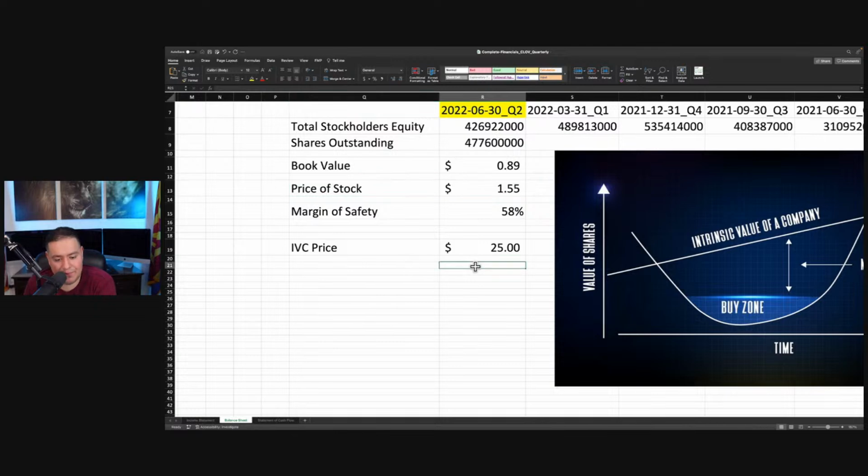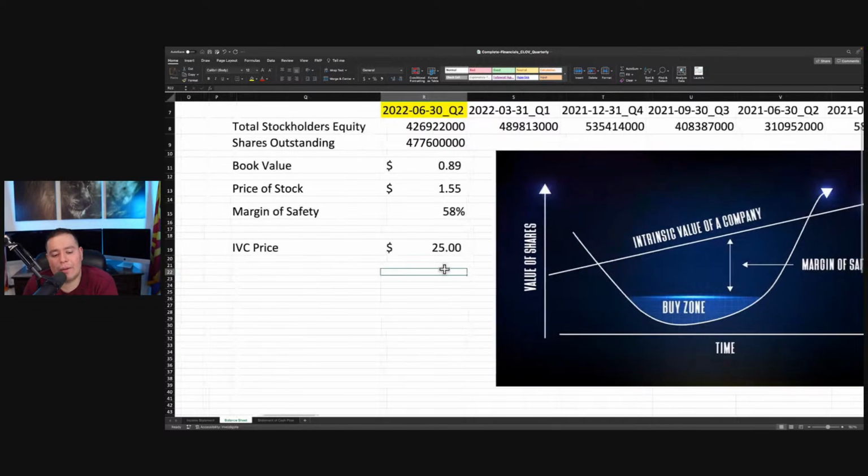So we could do equals, with the book value on top, divided by the price of the stock. And then we get it here, R13. Oh, sorry. That's the same number.